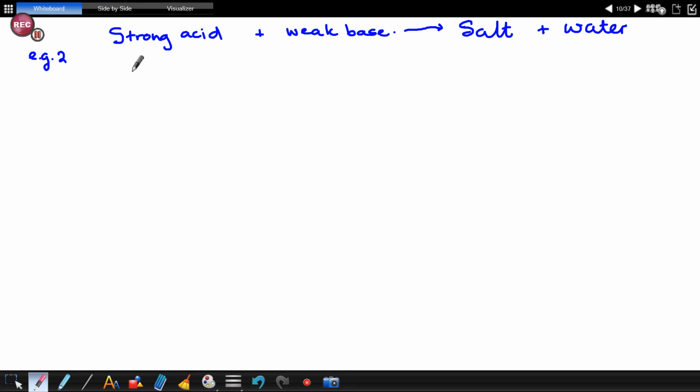Here, a strong acid, sulfuric acid, and a weak base is something like ammonia. Technically, ammonia in a solution is ammonium hydroxide, because it reacts with the water.